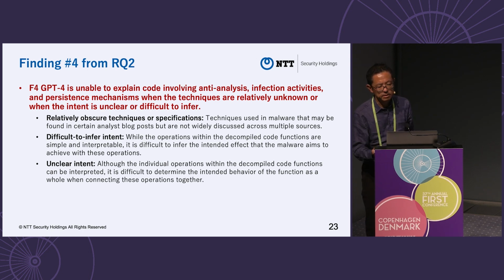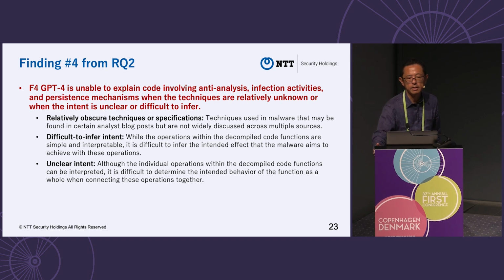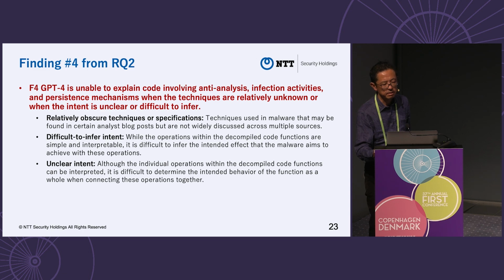The second one is difficult-to-infer intent. In these cases, the code itself looks simple and understandable, but it's hard to tell what the malware is actually trying to achieve with it. Finally, unclear intent.